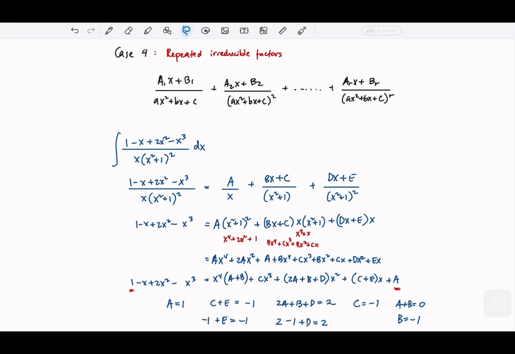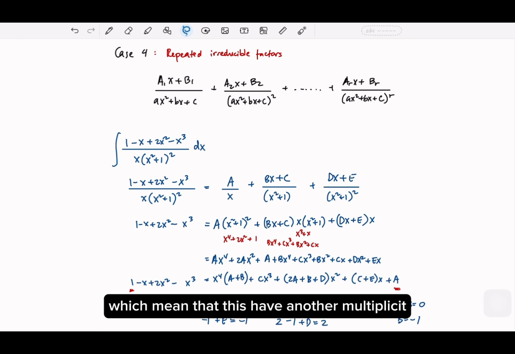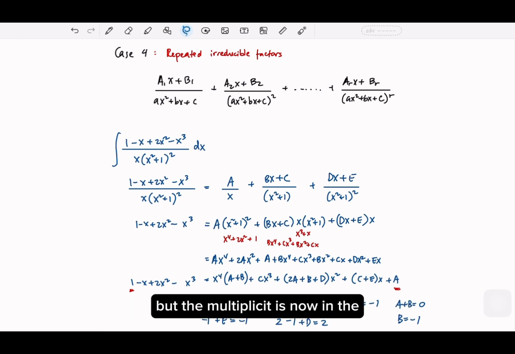For example, we have x and then x squared plus 1 squared, which means that this has another multiplicity, but the multiplicity is now in the irreducible factor. What we do with this is we take, for example, x as a constant, and we have x squared plus 1 and then x squared plus 1 squared.